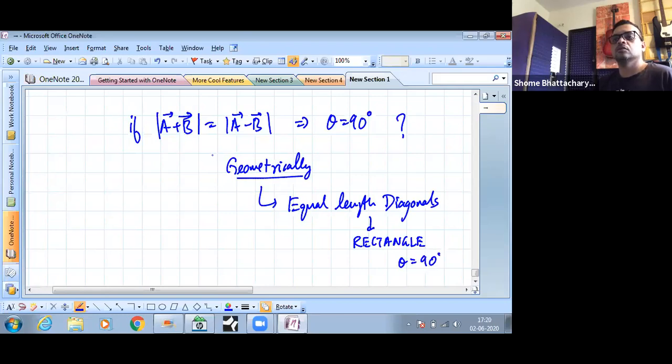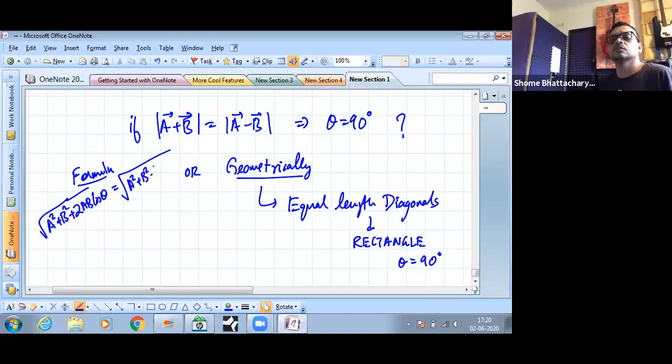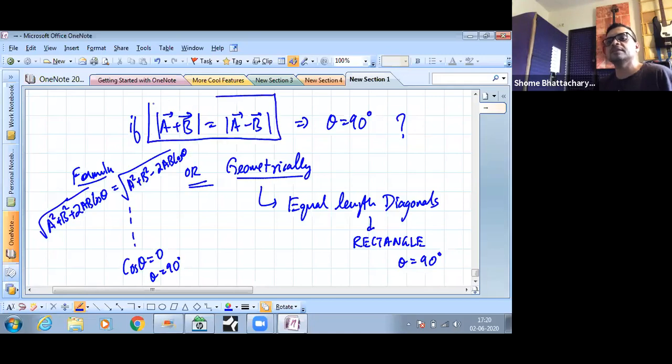Or you can also go formula wise, that is root of a square plus b square plus 2ab cos theta equals this. So now square both sides and solve. So ultimately you will get cos theta equal to 0 or theta equal to 90 degrees. So one way or the other, this should be a very apparent thing to you. The moment you see A plus B has the same magnitude as A minus B, by now you should be well practiced enough to come to this step directly.